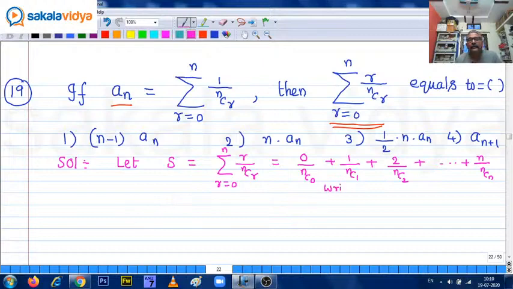Writing in reverse order, even if you write in reverse order, you get the S value itself only.